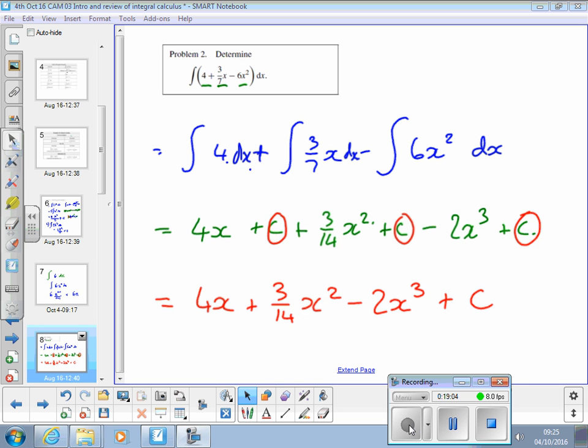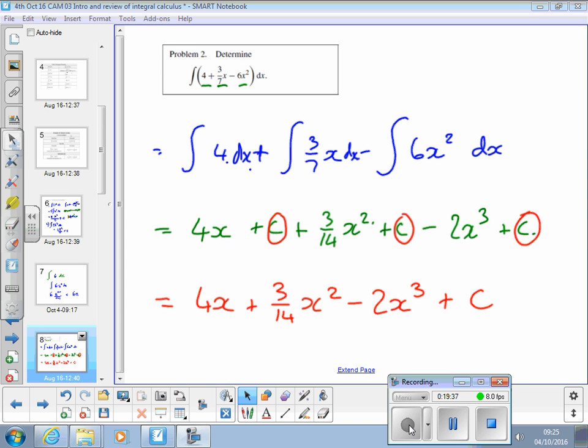So there only needs to be one constant of integration, because you just sum them all together anyway. Everyone agree with that? All got that? If you differentiate it, would you end up back where you were?